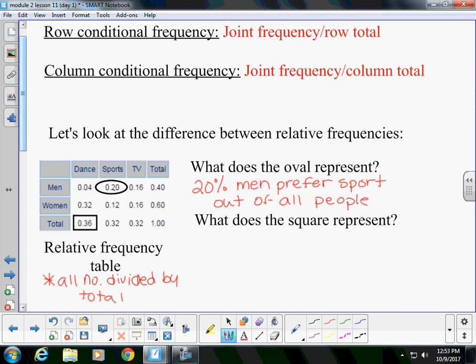So 20% of the men prefer sports out of all of the people, but you're comparing it to the total. Whereas the square is 36% of the people, because this is men and women together, prefer to dance. People refers to men and women.